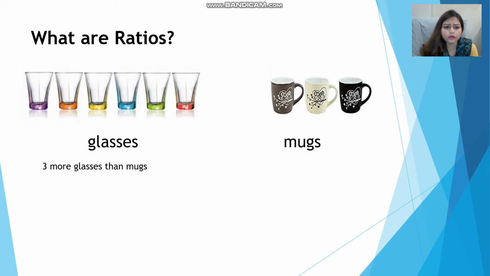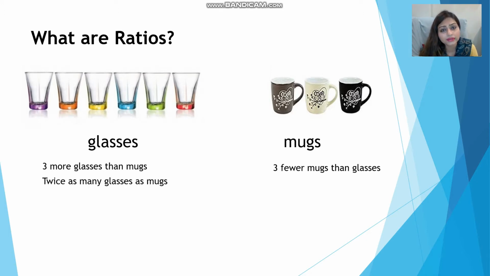You may have thought that there are three more glasses than mugs, or there are three fewer mugs than glasses. Some may have thought that there are twice as many glasses as mugs, or there are half as many mugs as glasses.